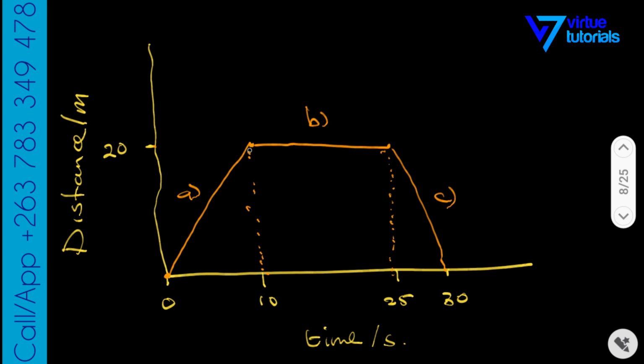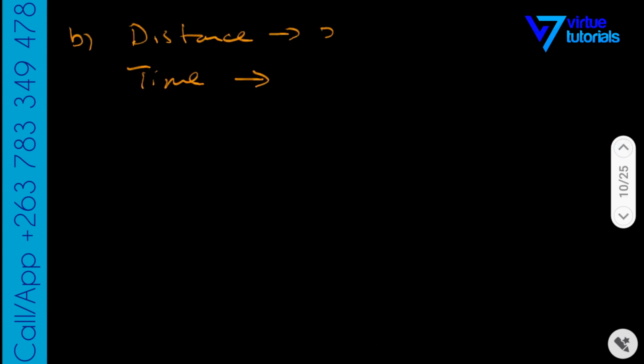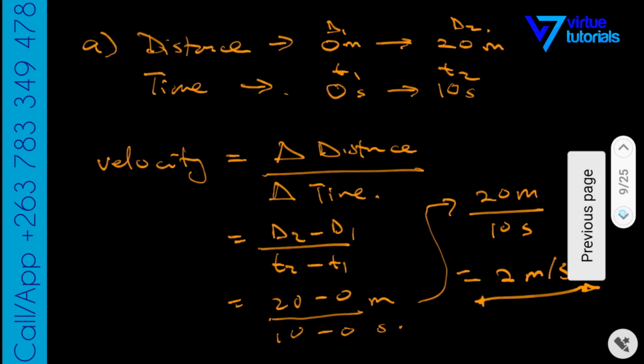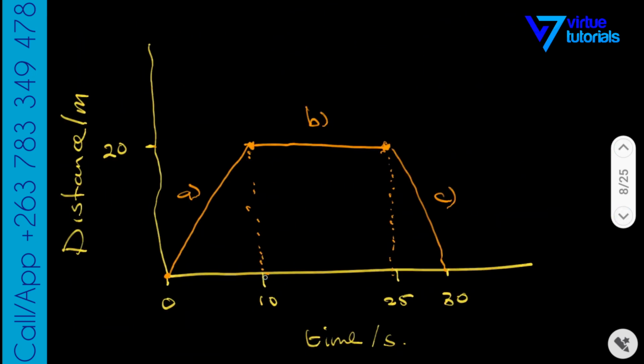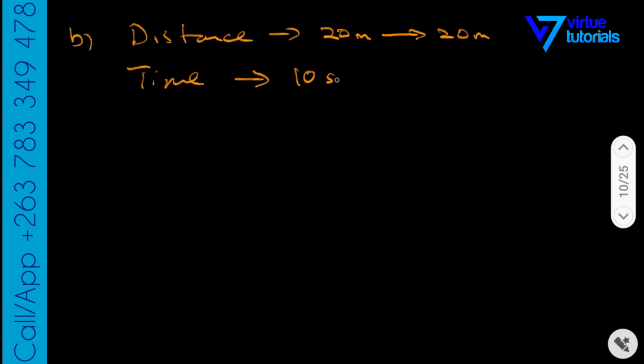In the second section, section B, our distance starts off at 20 meters, and after some time it's still at 20 meters. So there's no change there. And then our time starts off at 10 seconds and at the end it's at 25 seconds.